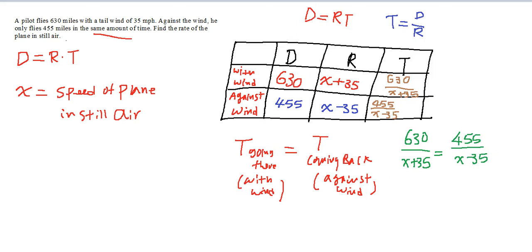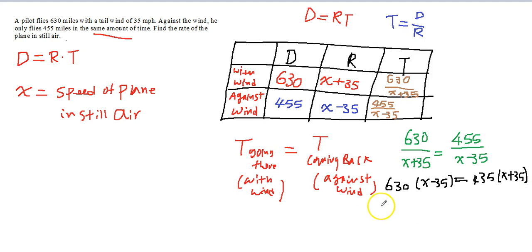Now here we can use the ratio proportion. We're going to cross multiply because we have one term on the left and one term on the right. So we get 630 times x minus 35 equals 435 times x plus 35.